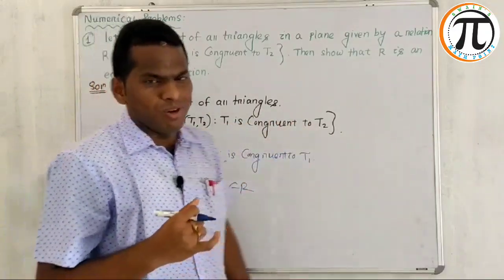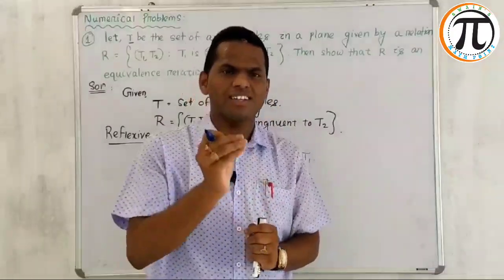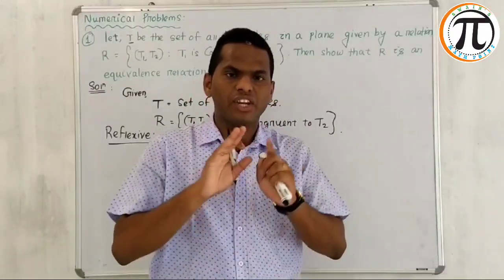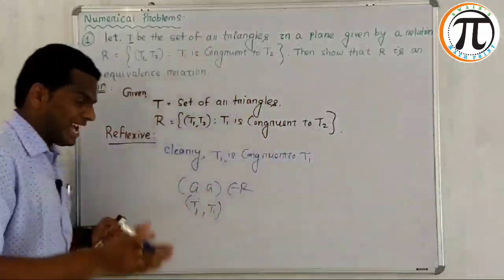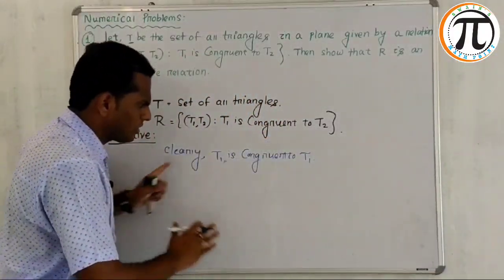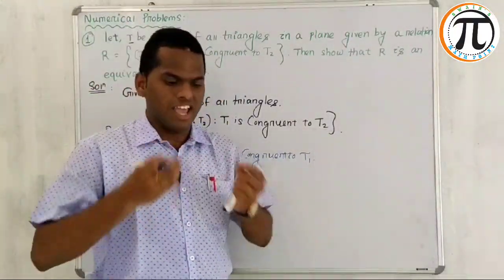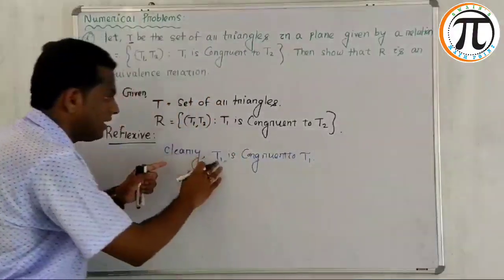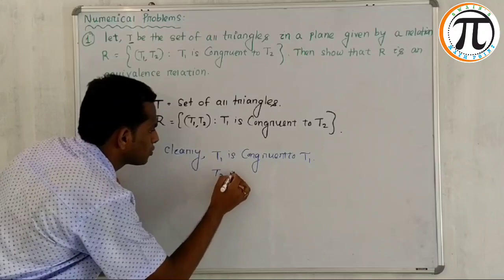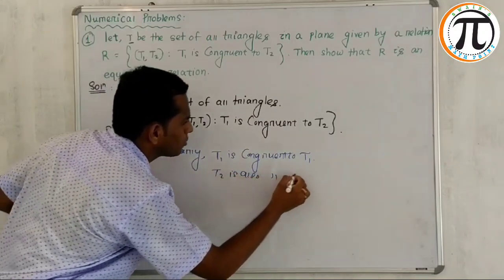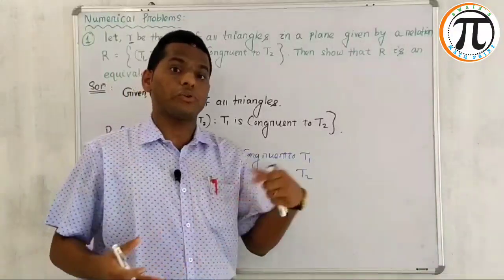Tell me, am I similar with myself or not? You are similar with yourself. Everyone is similar with himself. So every triangle, T2 is also congruent to T2, T3 is congruent to T3, up to Tn is congruent to Tn.